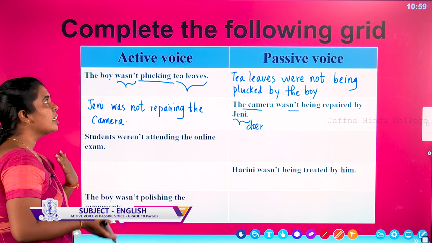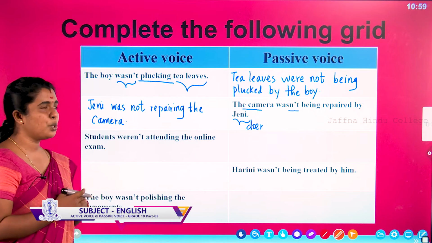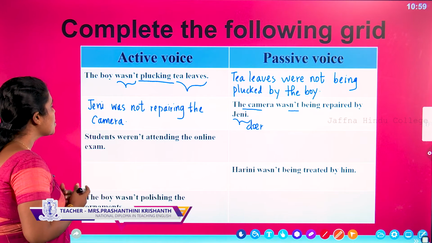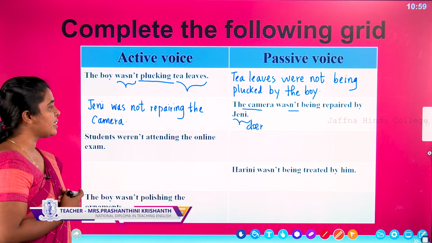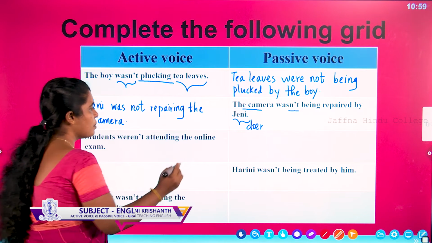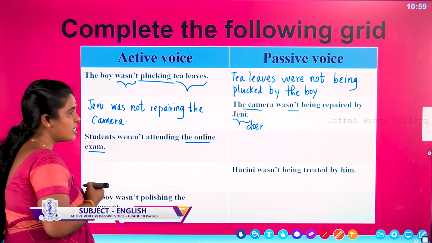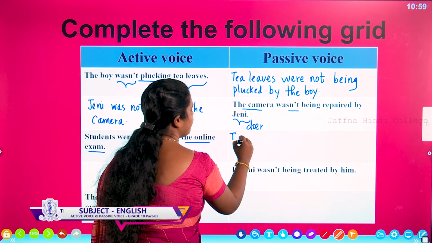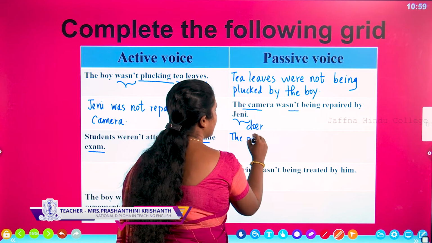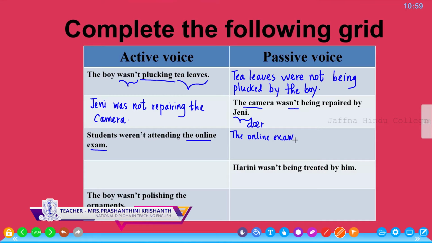Number 3, here they have given active voice. We are going to change into passive voice. Students were not attending the online exam, right? So, the object, the online exam, right? So, we are going to write the online exam was, right?